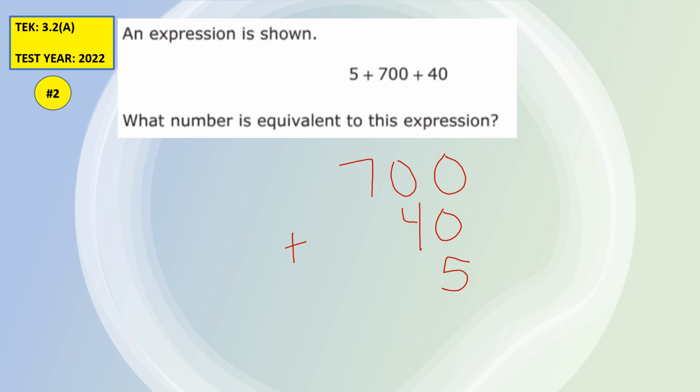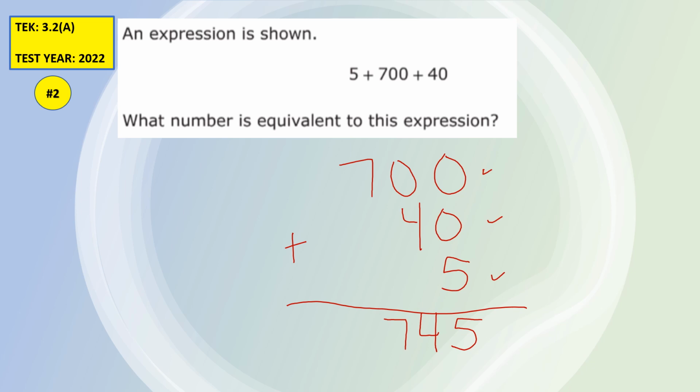Now with all of our numbers lined up, I'll go ahead and add 0 plus 0 plus 5. Well, that's 5. 0 plus 4 is 4. And 7 plus essentially 0 is 7. So the number that's equivalent to this expression is 745.